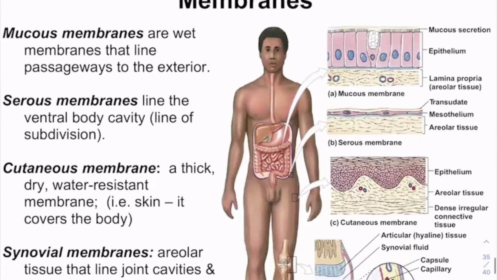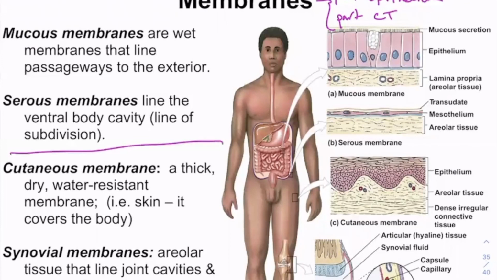Membranes are important to understand, because a membrane is part epithelium and part connective tissue. So membranes consist of both, right? You have to have epithelium and connective tissue to have a membrane. You have mucous membranes, serous membranes, cutaneous membranes, and synovial membranes.